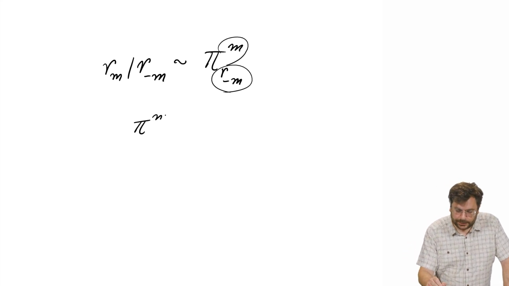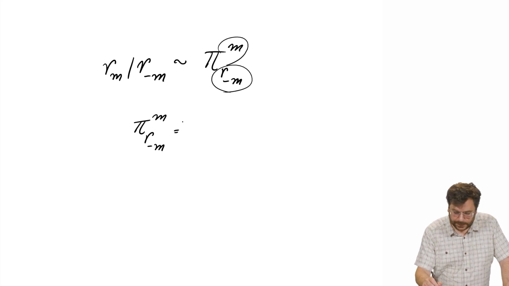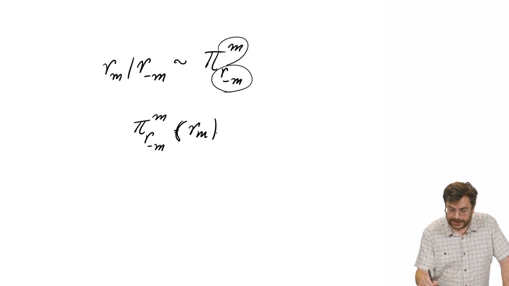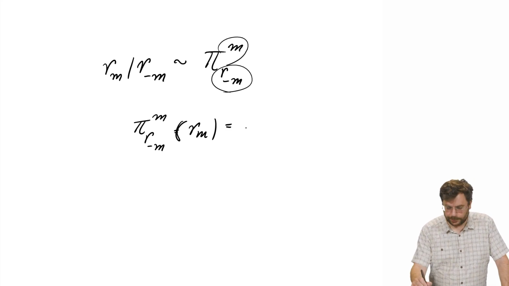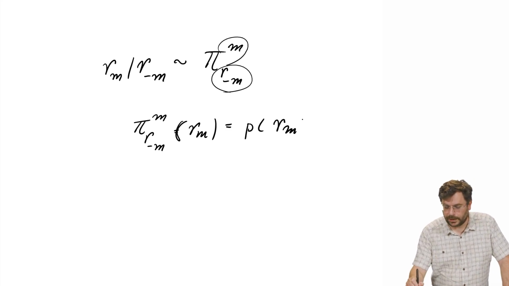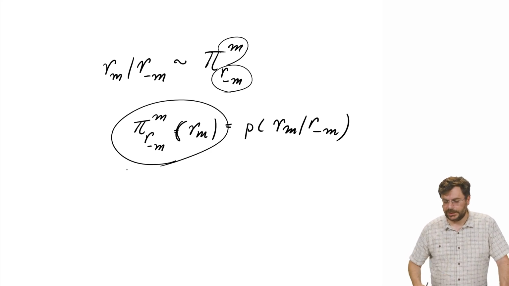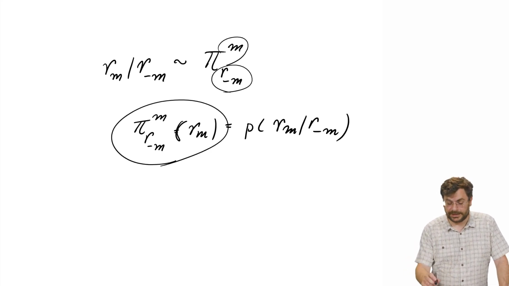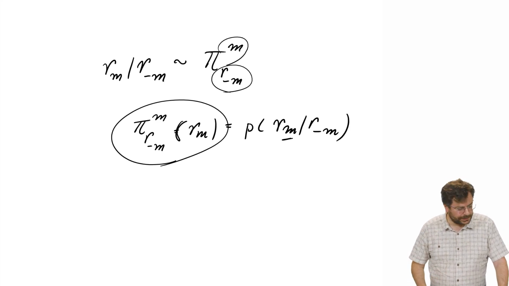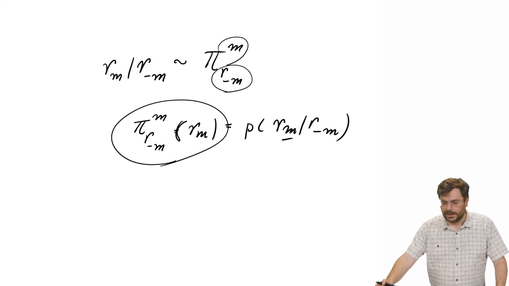And of course, just to be concrete, the coinciding density is equal to P of Rm conditioned on R minus m. So we'll be using this notation in order to designate the fact that we are conditioning on everything but the mth variable.